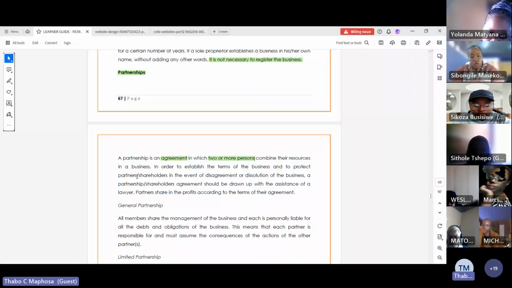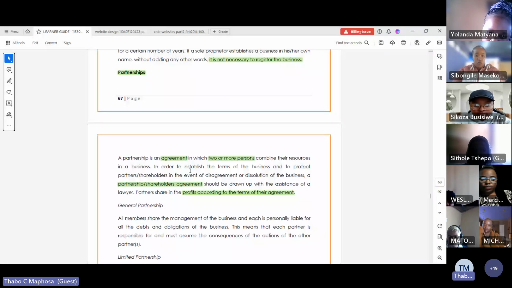Another thing is that these people that agree have to sign something called a partnership or shareholders agreement. And profits are shared according to that particular agreement. So that is what makes up a partnership.